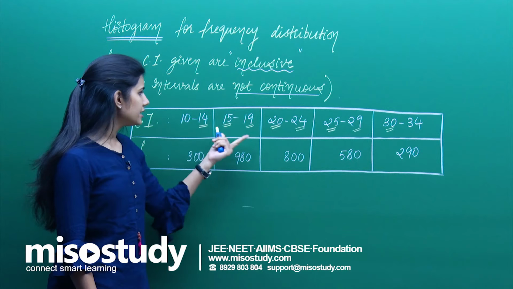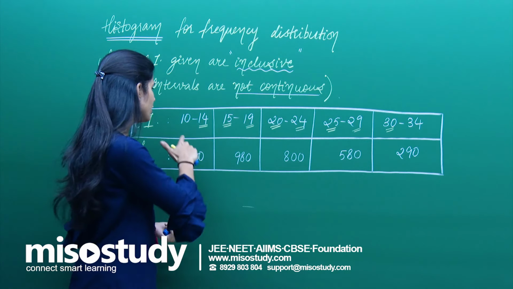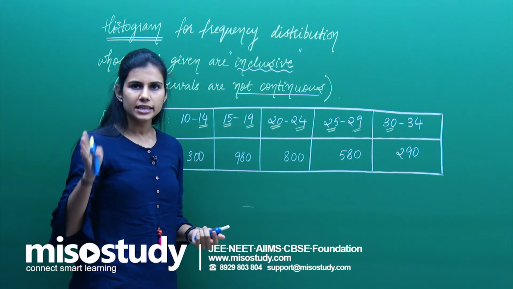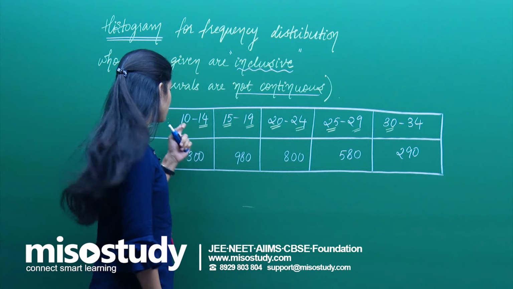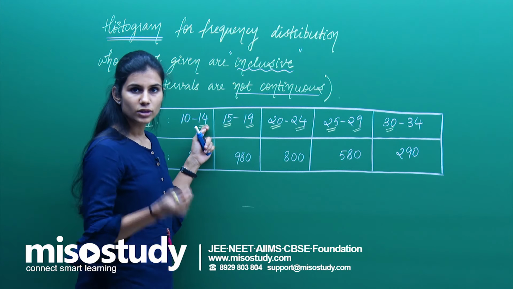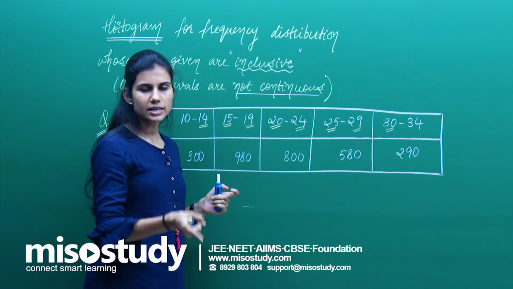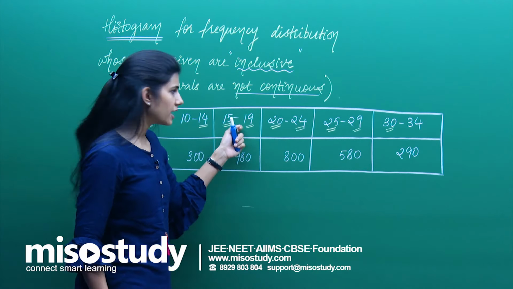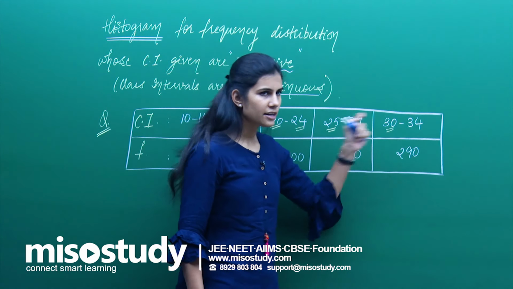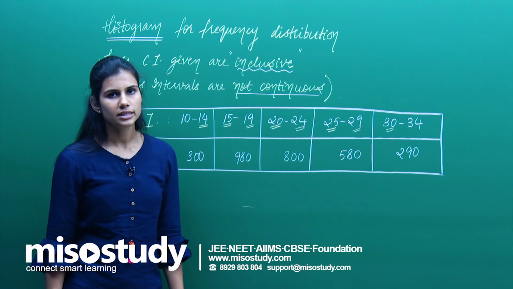Please mind it, in each class interval, the lower as well as the upper values are included. So 10 to 14 consists of 10, 11, 12, 13, 14. That is 5 values. So 10 to 14 is, what is the class size? 5. 15 to 19, 15, 16, 17, 18, 19. All these 5 are included. Again, the class size is 5. Again 5, again 5, again 5. So all the class intervals are of the same size, but the situation is that they are discontinuous.